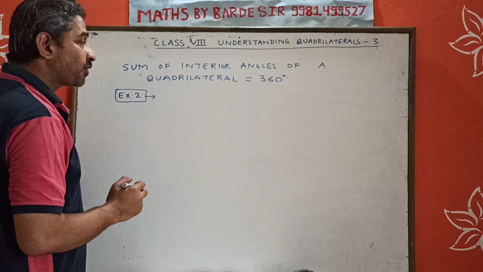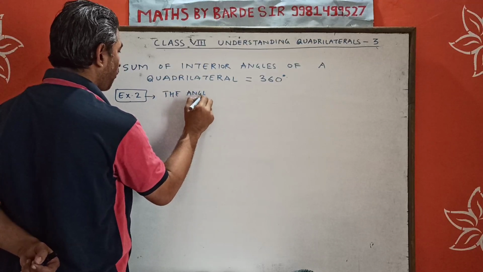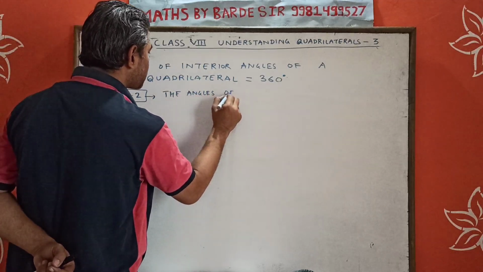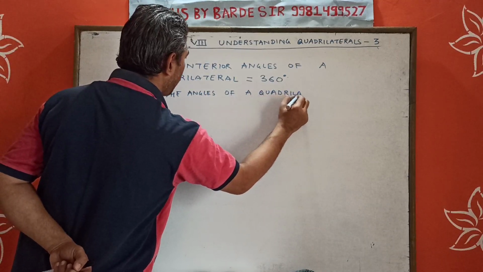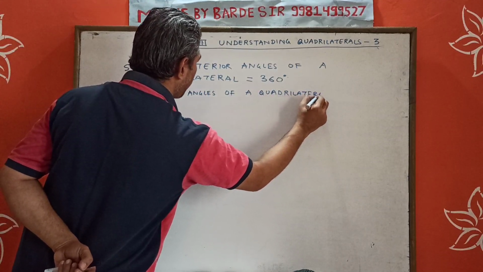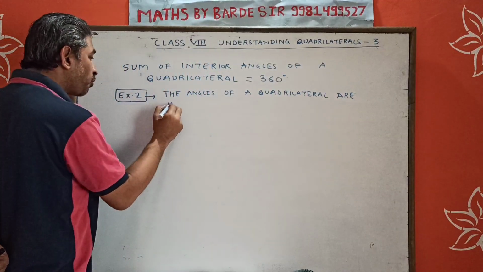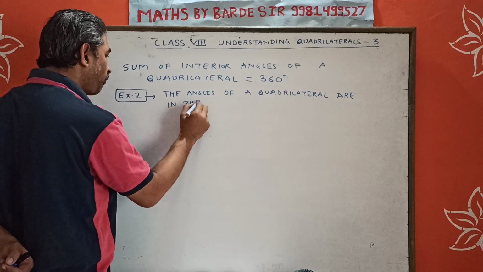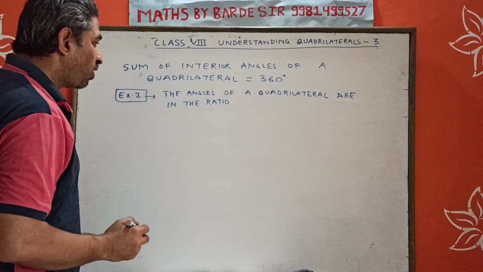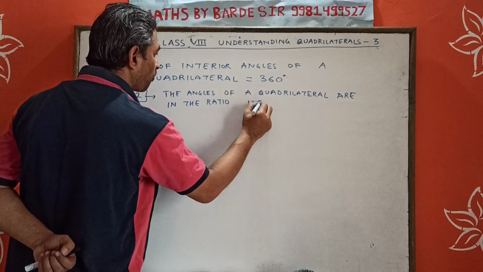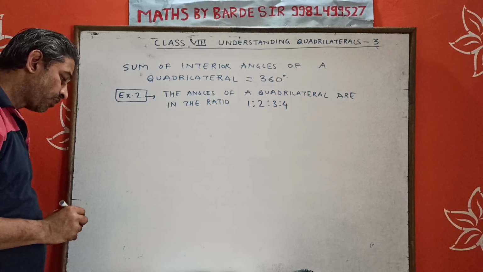The angles of a quadrilateral are in the ratio 1:2:3:4.